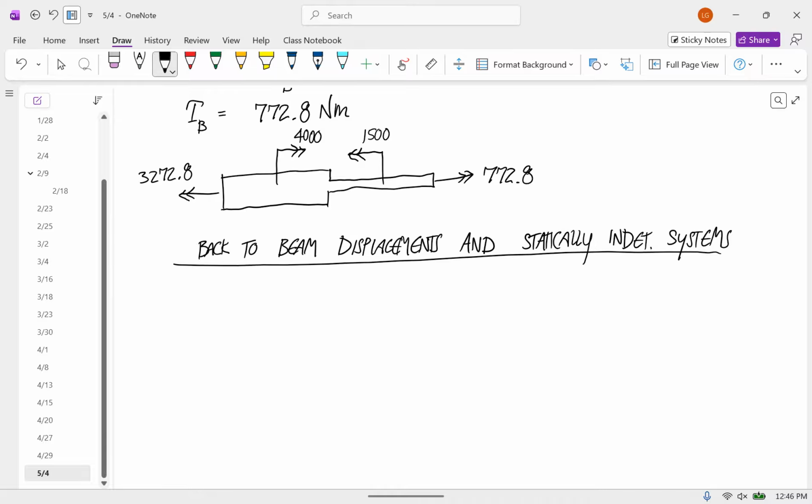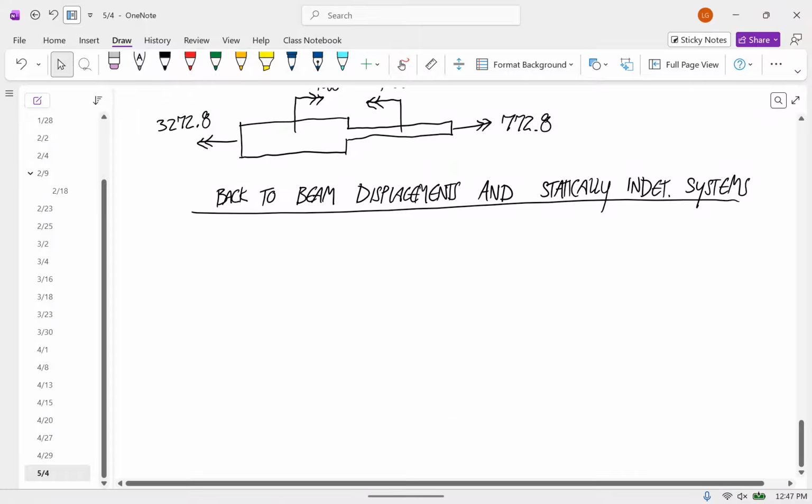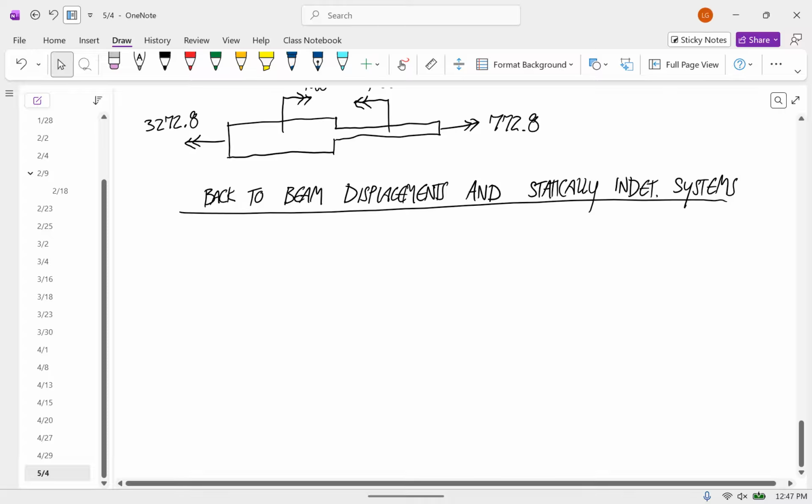We've done elongation and contraction due to internal tension and thermal expansion. Okay. And we've done angle of twist, and we've done statically indeterminate systems related to both of those. The last thing that we have left is deflection due to bending moment.